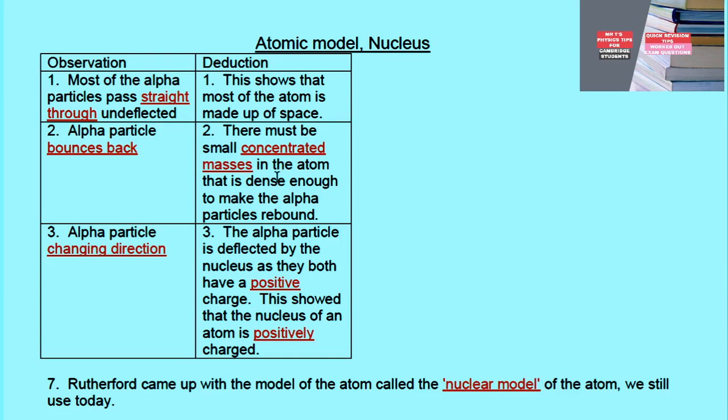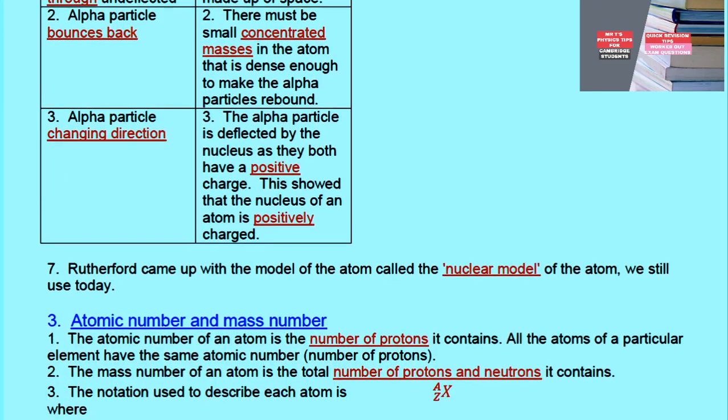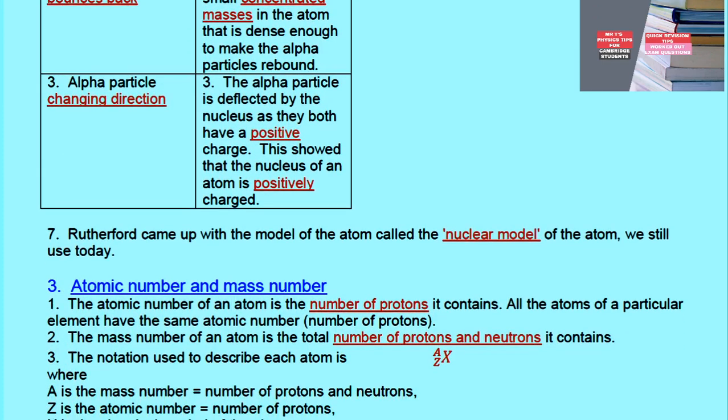So the nucleus of an atom is dense. Then alpha particles changing direction is due to the fact that the alpha particle is deflected by the nucleus, since the nucleus has protons which are positively charged. This showed that the nucleus of an atom is positively charged. Rutherford came up with the model of the atom called the nuclear model of the atom. We still use it today.